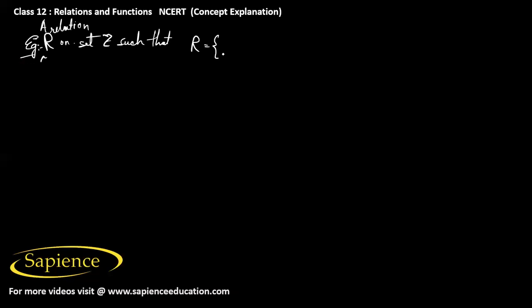So we can give another example on this. Suppose we define a relation R on the set Z such that R consists of the ordered pairs (a, b) such that 3 divides a minus b.